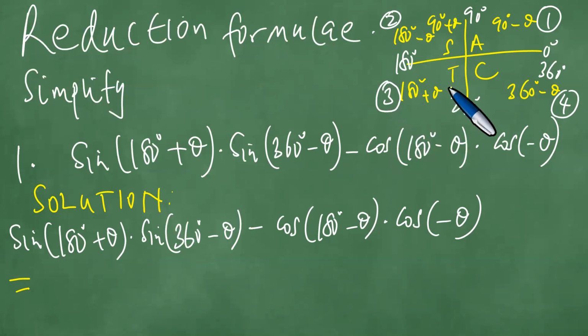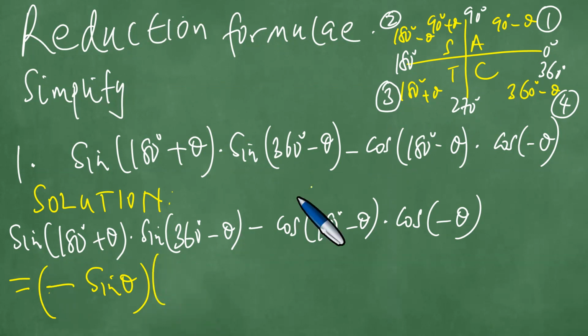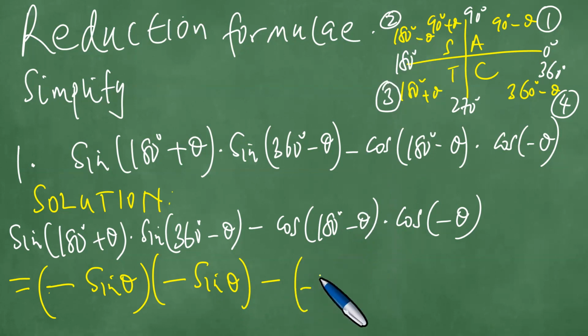It is in the third quadrant where tan is positive, according to the CAST diagram, and therefore, because we have sine of 180 plus, the sign is negative. We have 360 minus in the fourth quadrant where the sine is negative. 180 minus is in the second quadrant where the cosine is negative. Okay, this is theta. Good.